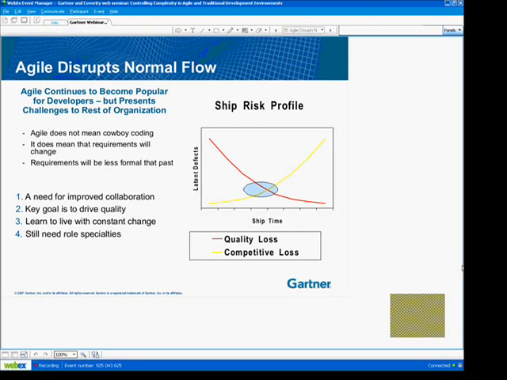It is also going to have to deal with the fact that things are going to change over time, and this is going to drive a need for many organizations to shift from the de facto market leader in requirements management, which would be Microsoft Word or Microsoft Excel, into actually utilizing a requirements management system.